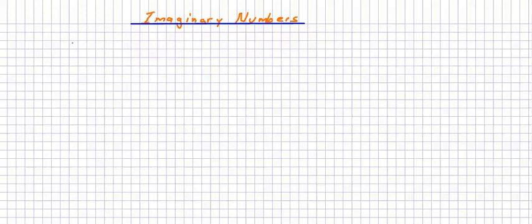Imaginary numbers and real numbers form what's called the complex numbers. So all numbers are either real or they're imaginary. And in the imaginary numbers, we have the square root of negative numbers.